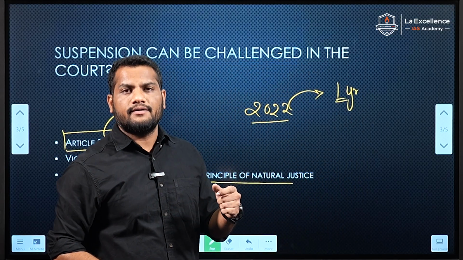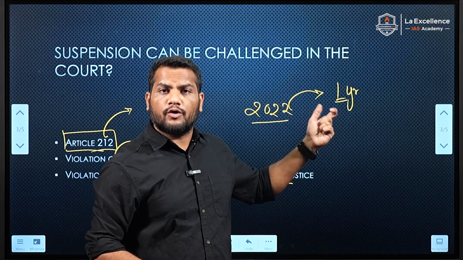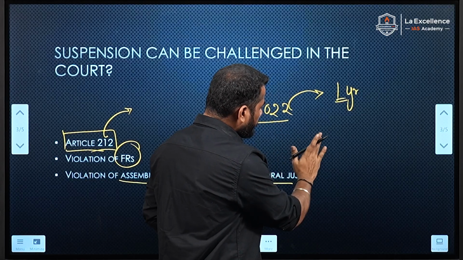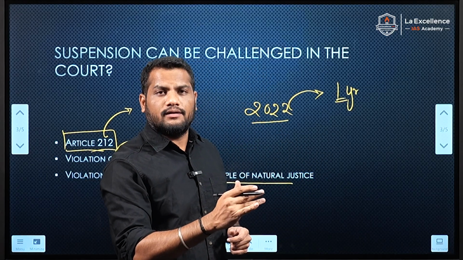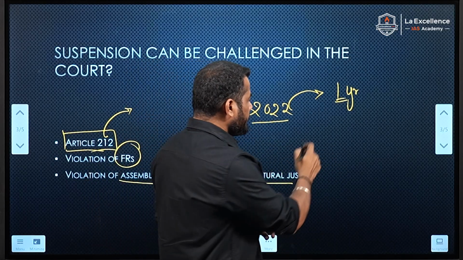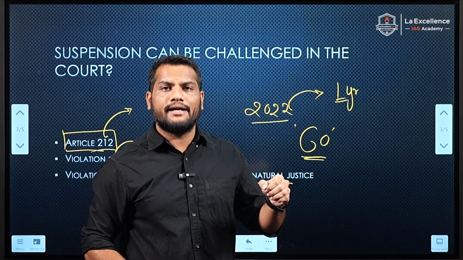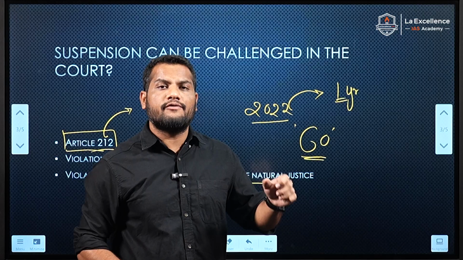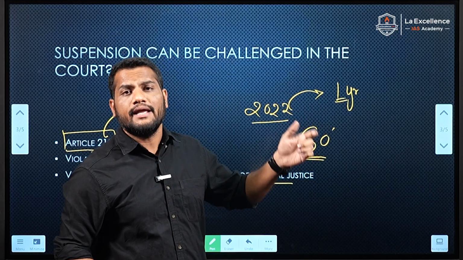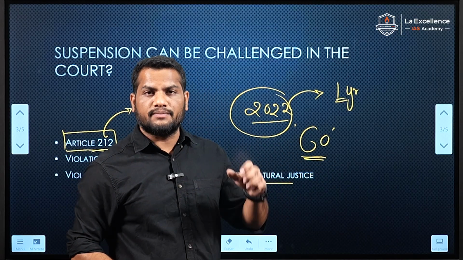But Supreme Court said that MLAs cannot be suspended for a period of 1 year because there is an article which says that if any MLA is absent from the house for 60 days, he should be disqualified from the house. Because of that, a 1 year suspension cannot be imposed on any MLA. Supreme Court said this in 2022 in the Maharashtra State Legislative Assembly case.